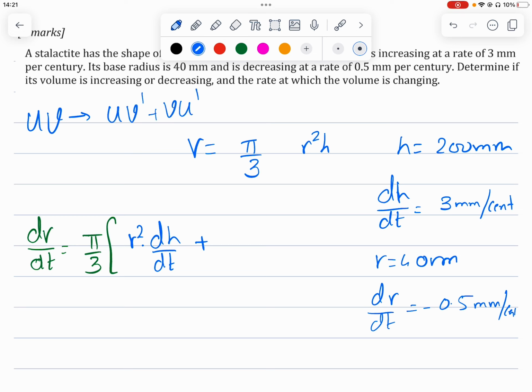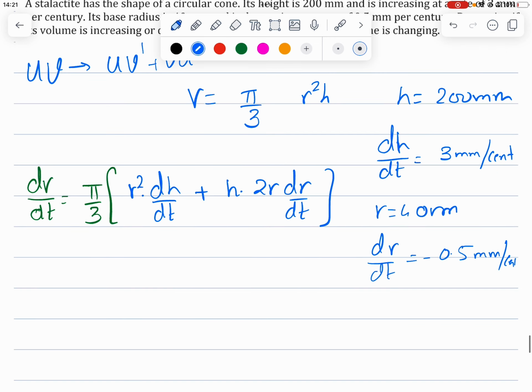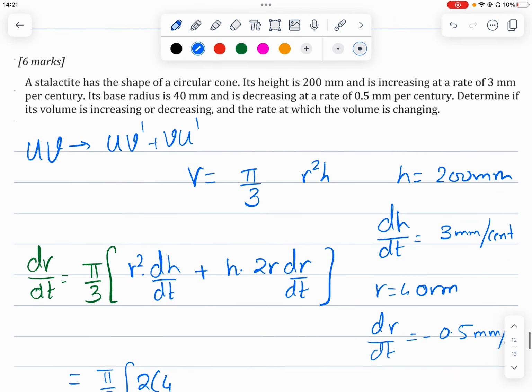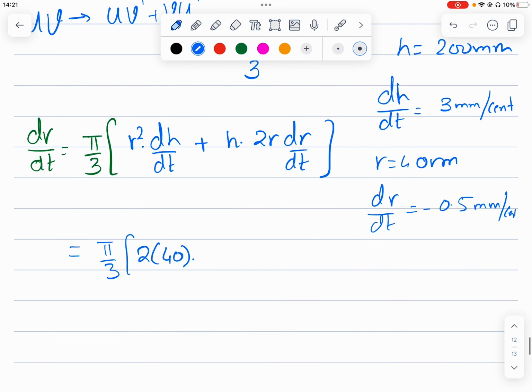So r square times dh upon dt and h times r square derivative is 2r dr upon dt. Pi upon 3 r square h is the volume of the cone. Now what does that become? Pi upon 3, 2 times radius is 40. Yes, 40 times dr upon dt.